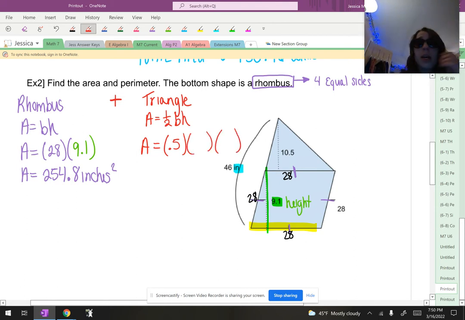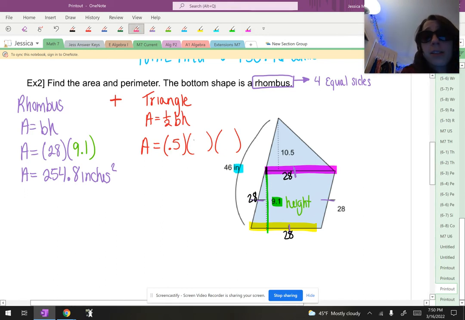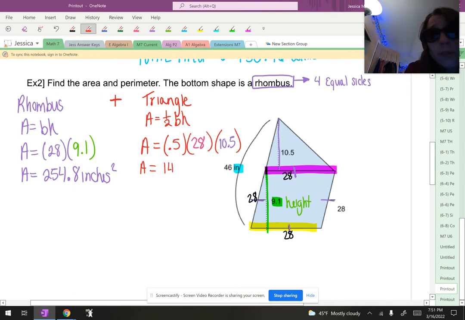And now looking at my triangle, my base of my triangle from here to here, we already discovered that that was 28, thanks to what we know about rhombuses, or those congruent markings. And again, careful here with my height. That height of my triangle is that 10.5. So 0.5 times the 28 times the 10.5, and you can plug that all right in your calculator if you're using the decimal, gives us an area of 147 inches squared.